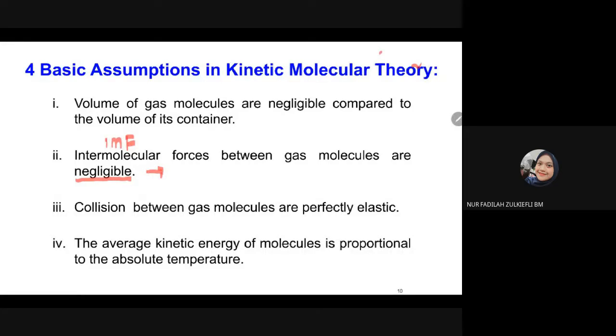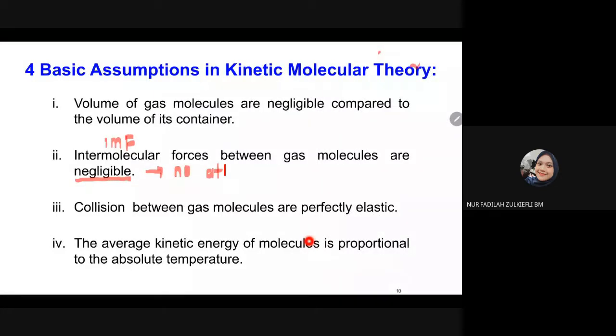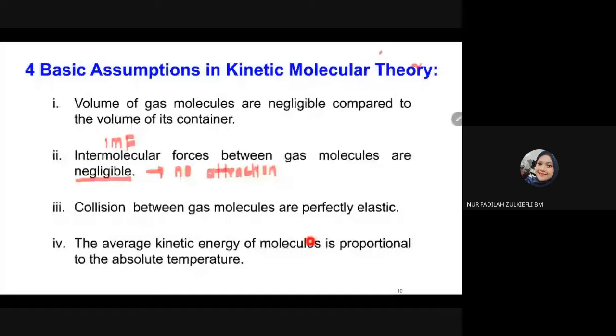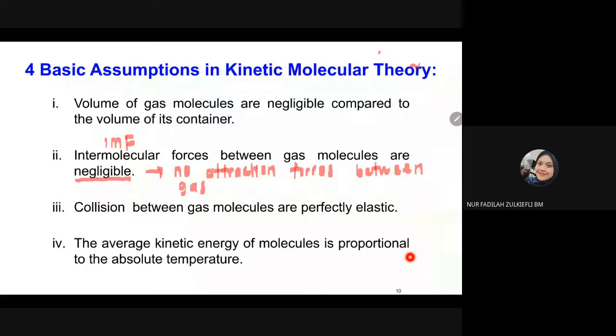Intermolecular force negligible meaning no attraction. Okay, tak ada langsung, no attraction forces between gas particles. Negligible something yang kita boleh ignore. Maksudnya tak exist. No attraction forces at all between gas particles.